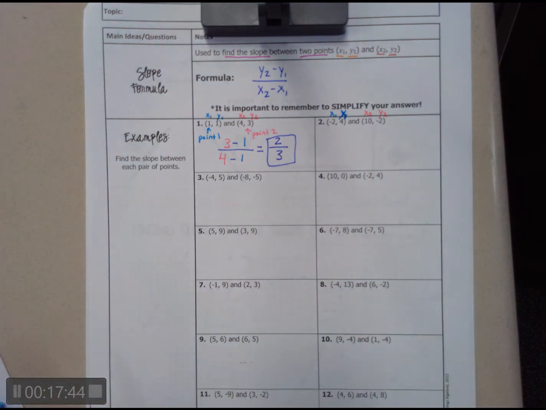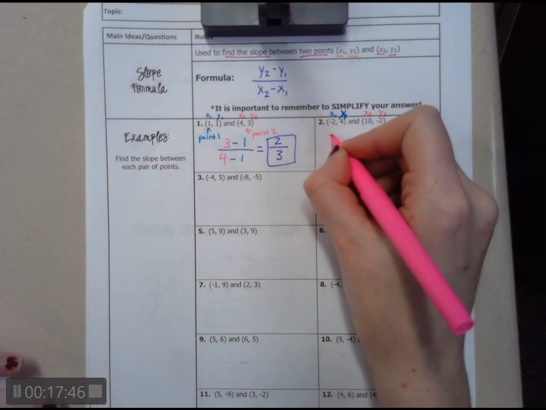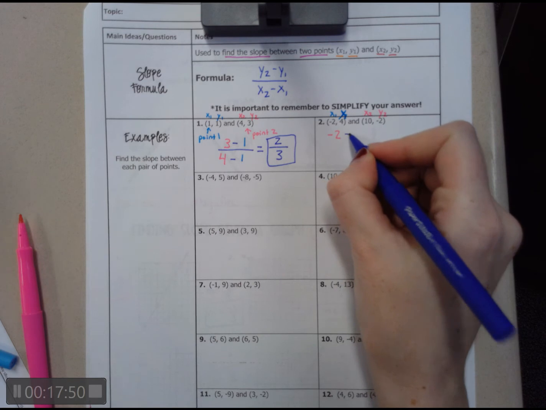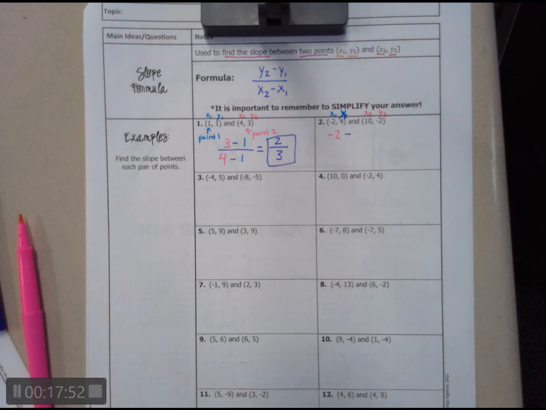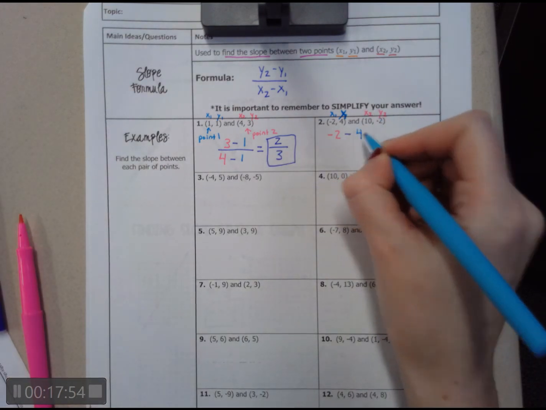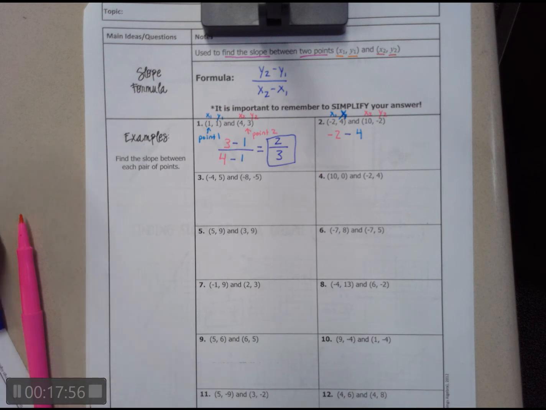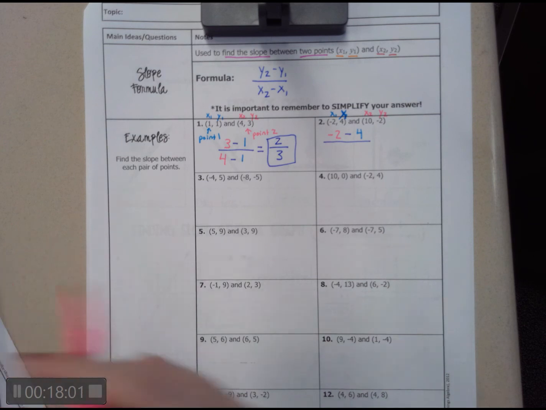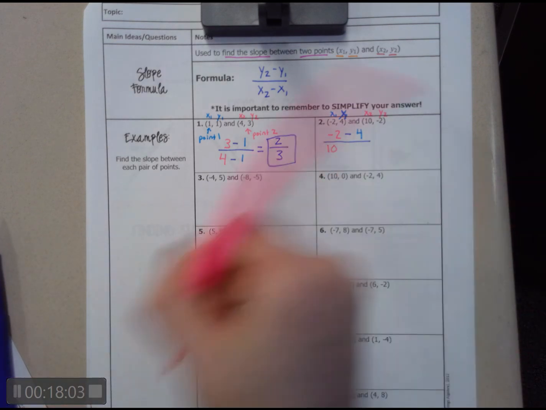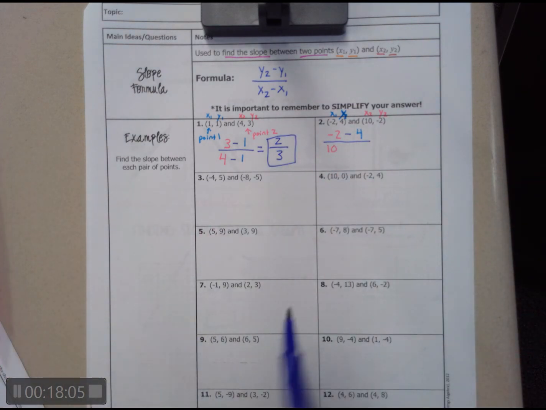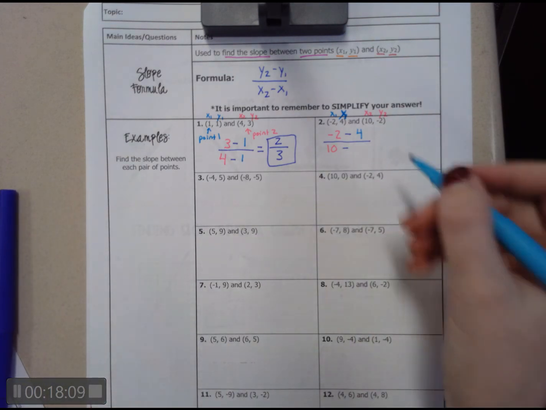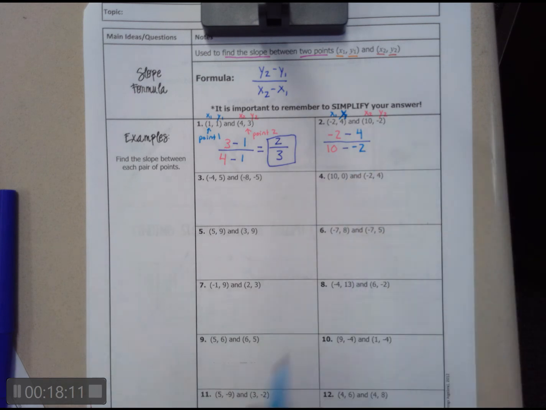So remember, we start off with y2, so it's going to be negative 2 minus my y1, which was that 4. Okay? And then we're going to divide by my x2, which was this 10, and then minus my x1, which was the negative 2.